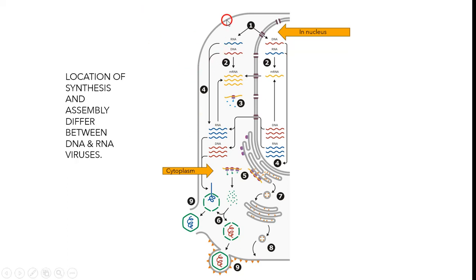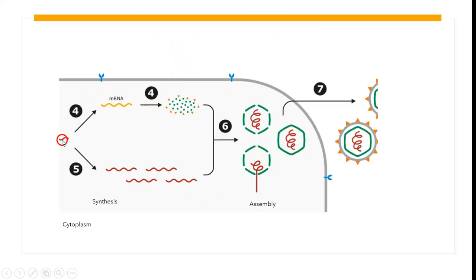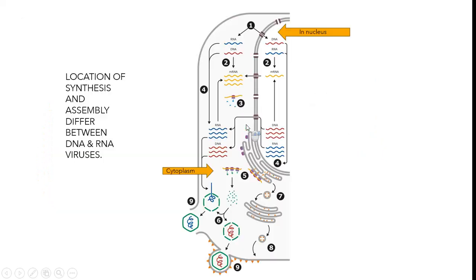So assume then where we're picking up with this one is number 1 is right here. Okay, so you're bringing it in at step 4. So 1 and 2 are 4 and 5 basically. So if it is an RNA virus, the majority of the synthesis is going to occur in the cytoplasm.